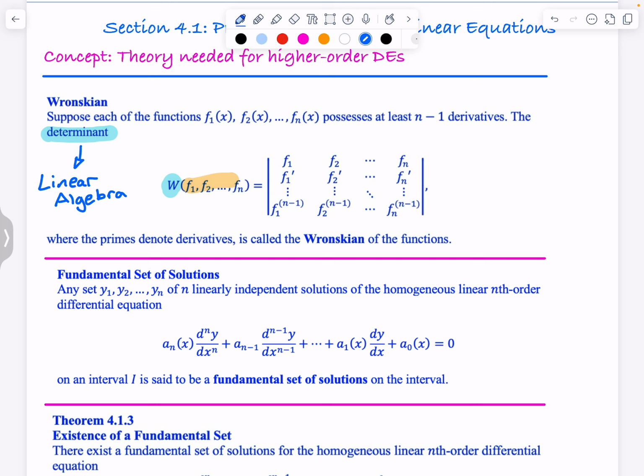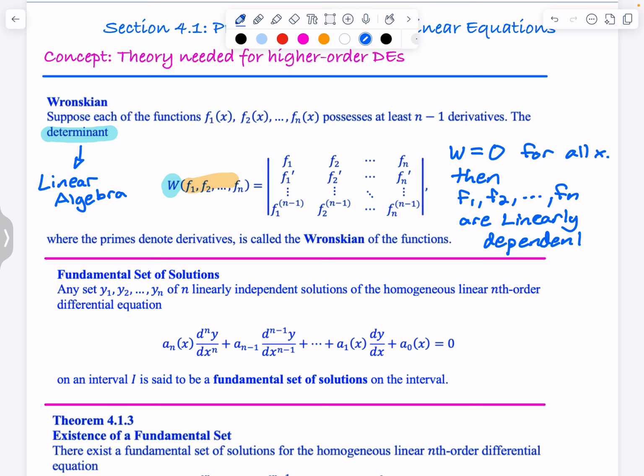But what this says is that if the Wronskian is 0 for all x, then f1, f2 through fn are linearly dependent.